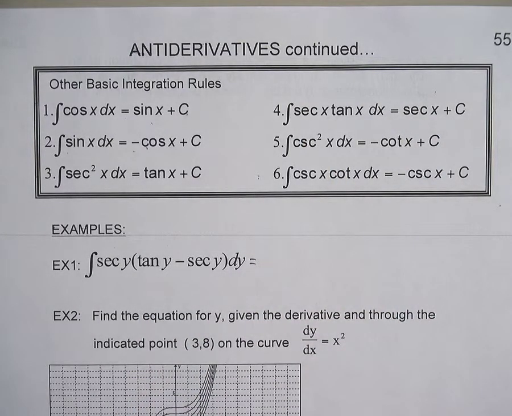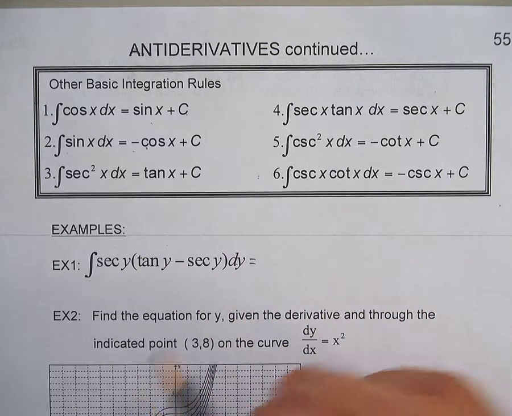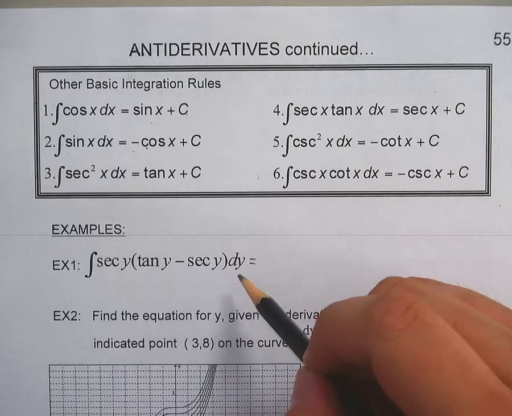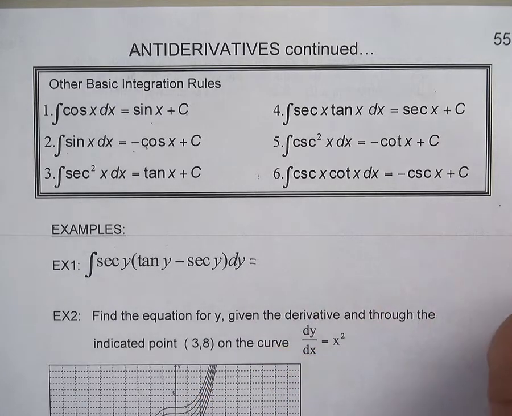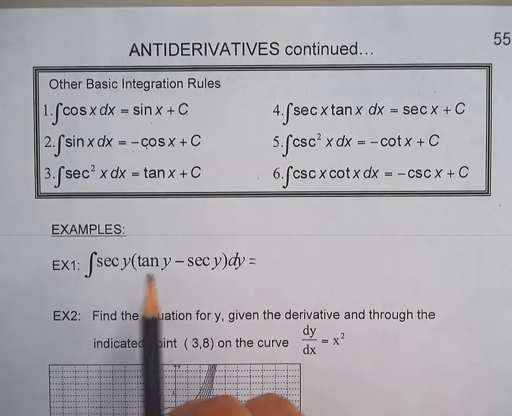So, for example, number 1 here: find the integral of secant y times tangent y minus secant y, dy. Finding the antiderivative with respect to y. Fantastic. That means I don't have to do dy dx and all that junk. The first thing I would do here is multiply secant through to both of these.